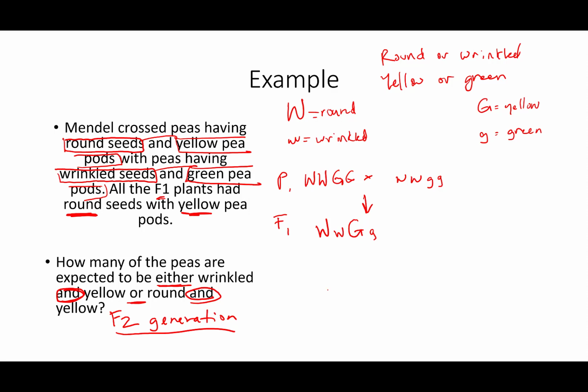So I want to look for first whether I am round or wrinkled, right? This would be W, this would be w, and what's that probability? So I can solve that by doing my Punnett square.